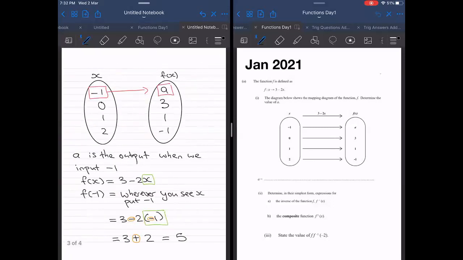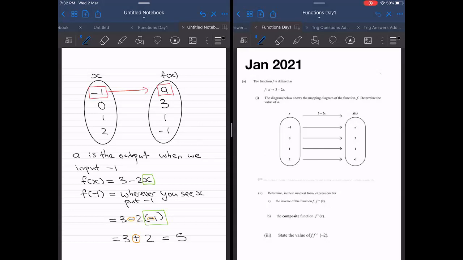So when you see at this part now, they're asking us for A, what this question really means is that they're asking us to find the output if the input is -1. So your answer would be 5.